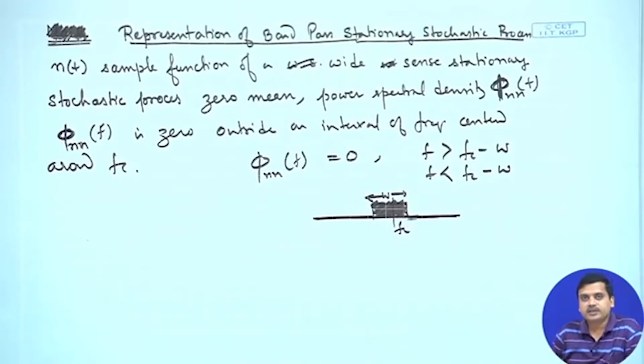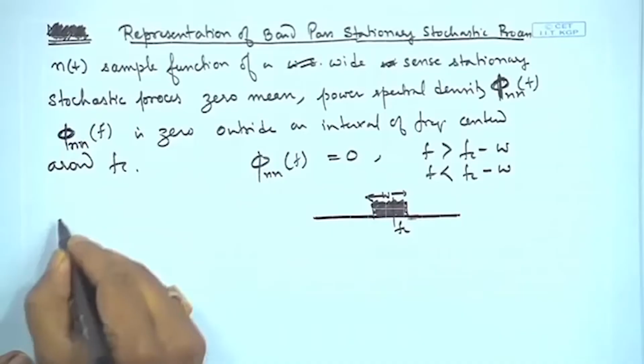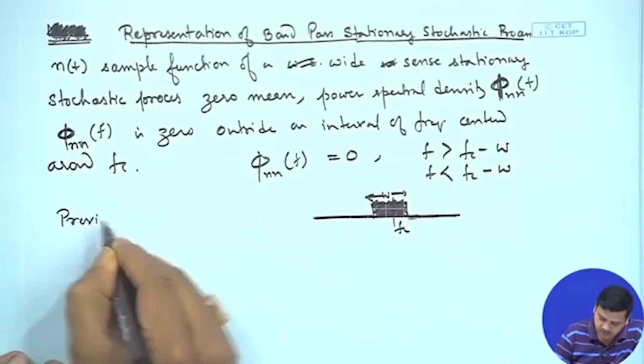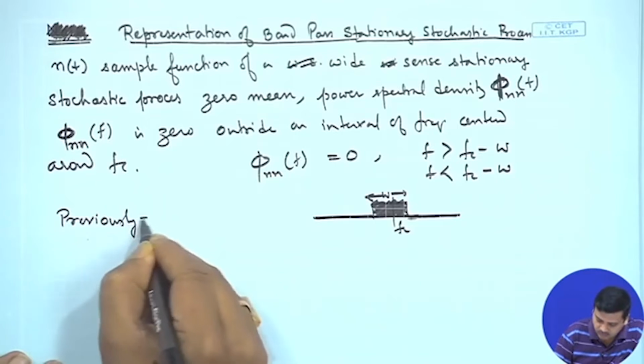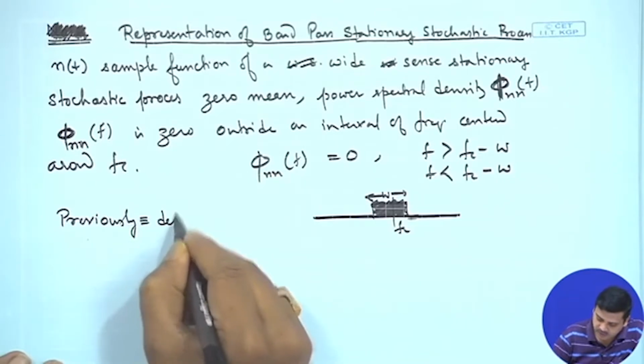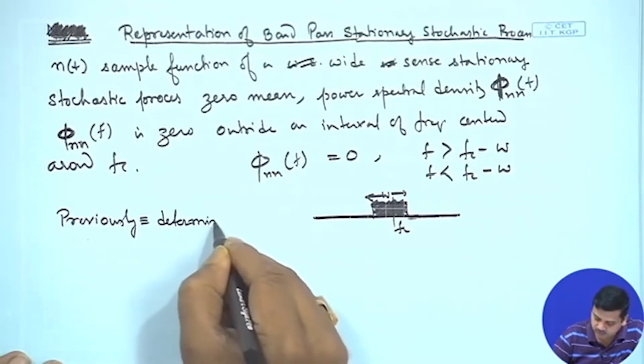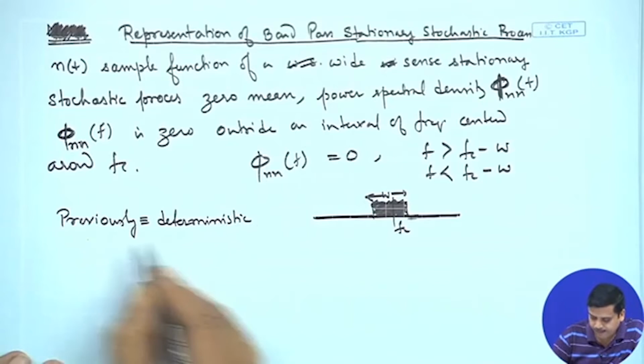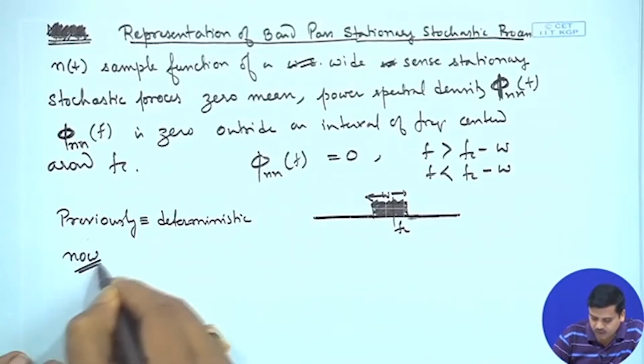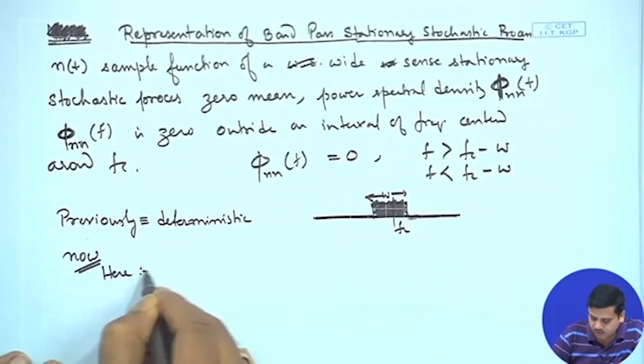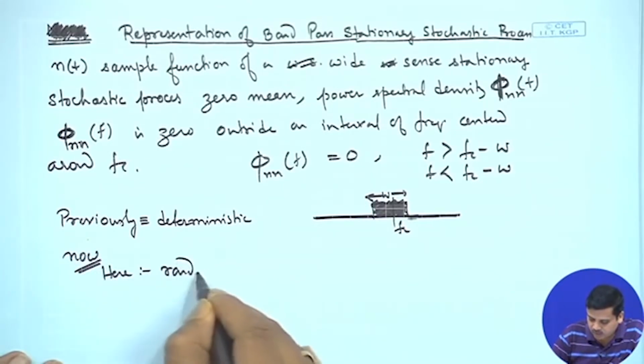So, we see that there is a lot of similarity with what we have done already before. Previously we did deterministic signals, and now we are talking about random signals.